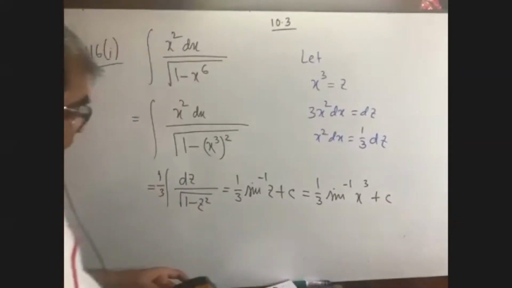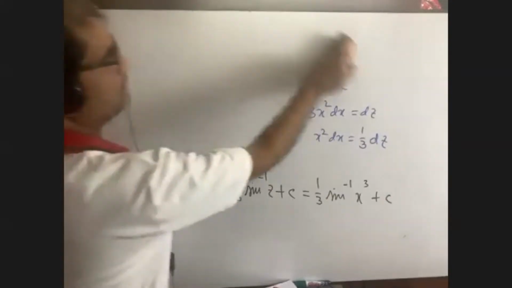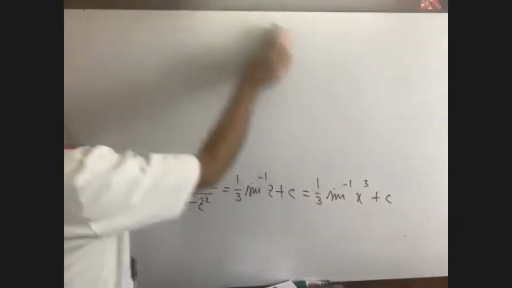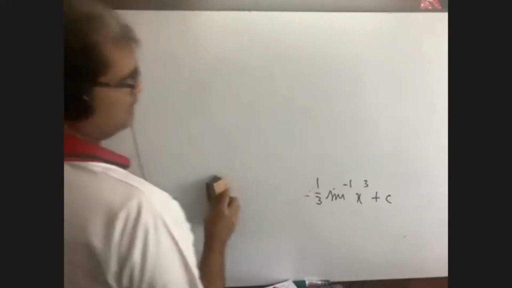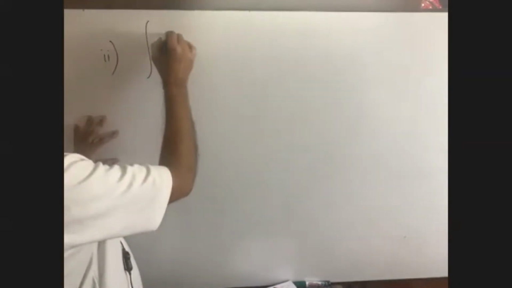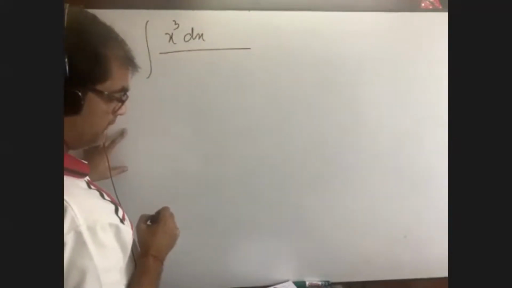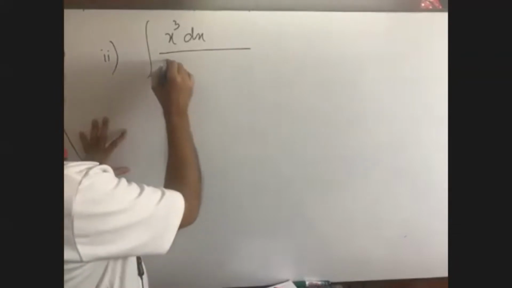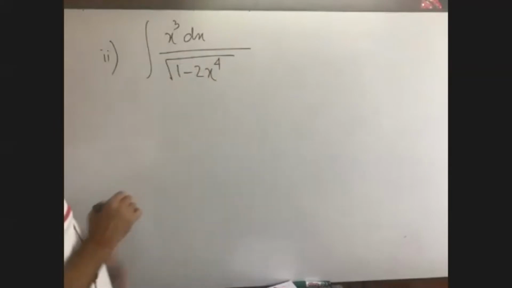Now exercise 16.2, question number 2 of 16. I have copied it. Now number 2: x cube dx by root over 1 minus 2x to the power 4.